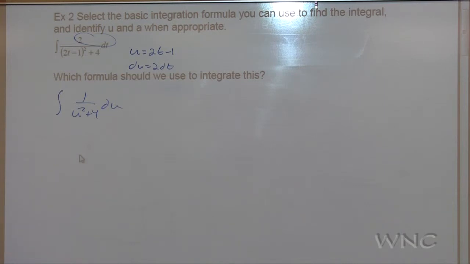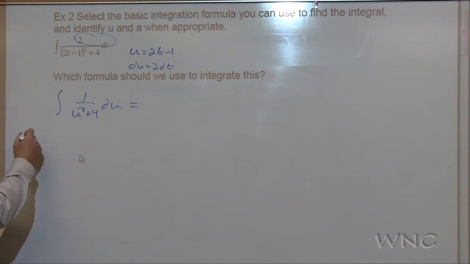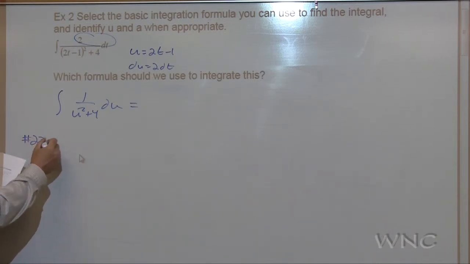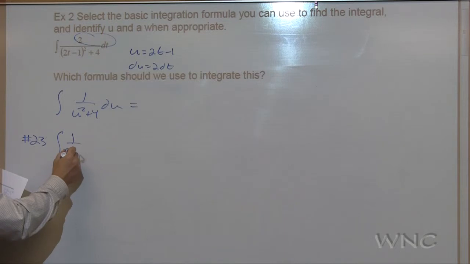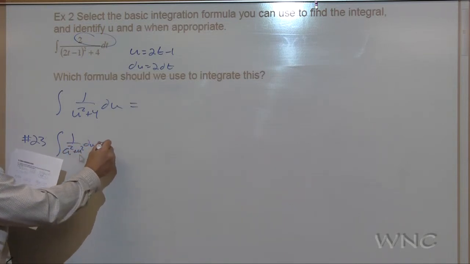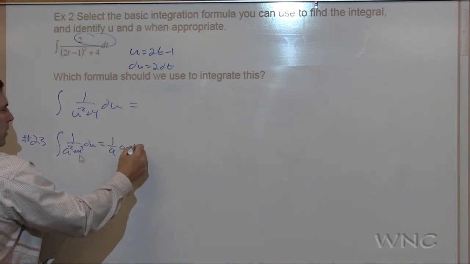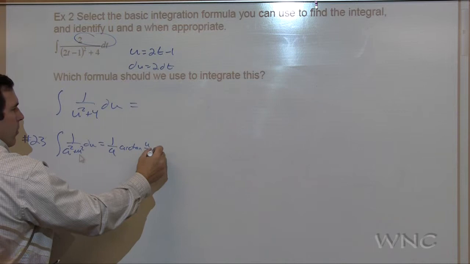So which formula would this be? You might remember this from last semester. Looks a lot like an arctan to me. So I'm using formula number 23, which says the integral of 1 over a squared plus u squared du is going to be 1 over a arctan of u over a plus c.